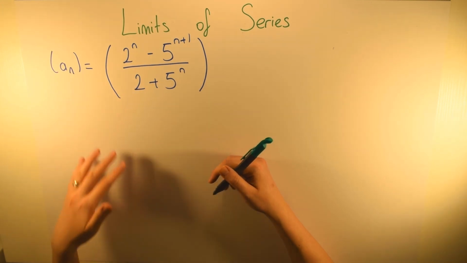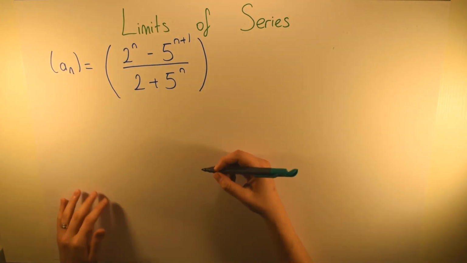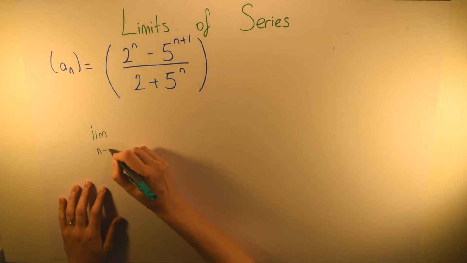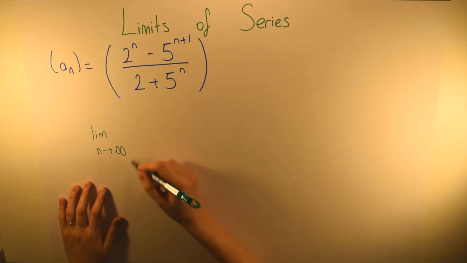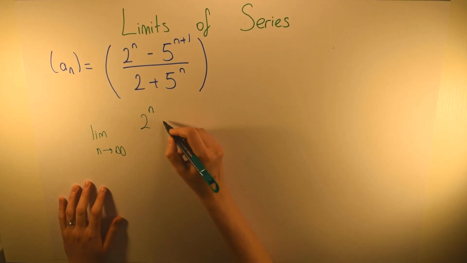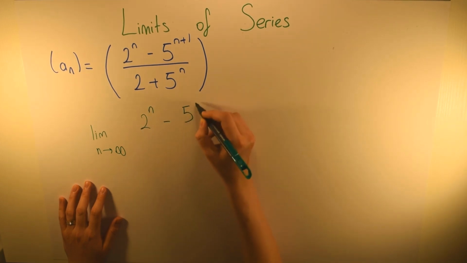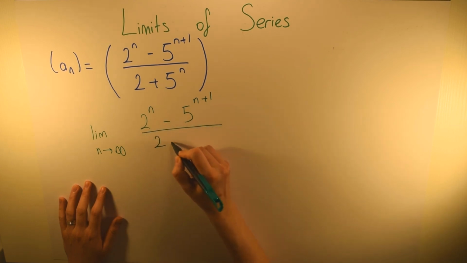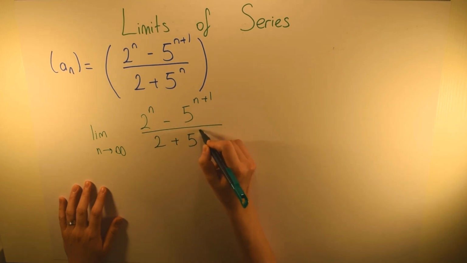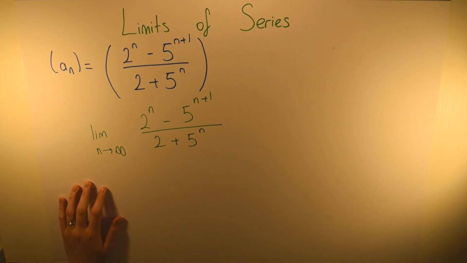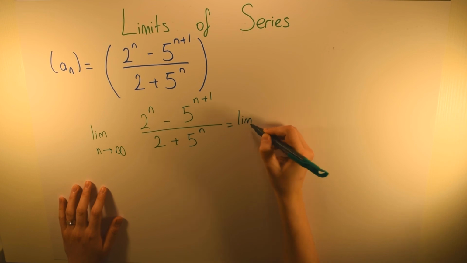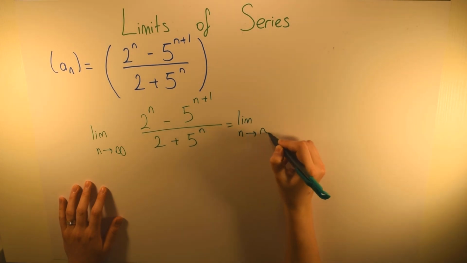So what the question is actually asking us is the limit as n approaches infinity of 2 to the power of n minus 5 to the power of n plus 1, over 2 plus 5 to the power of n.